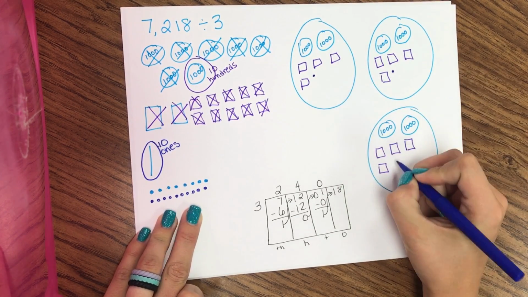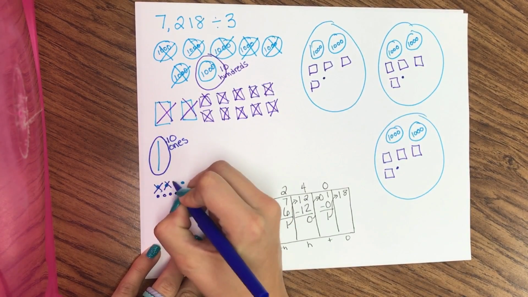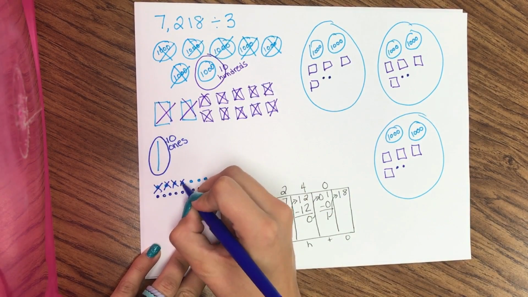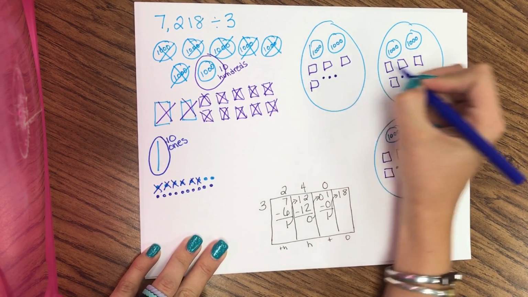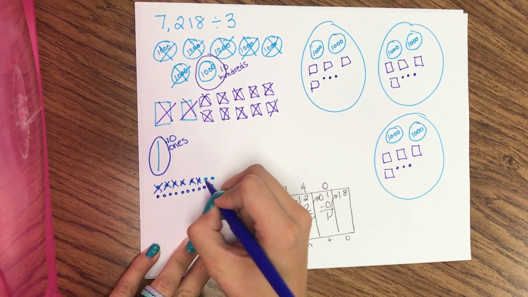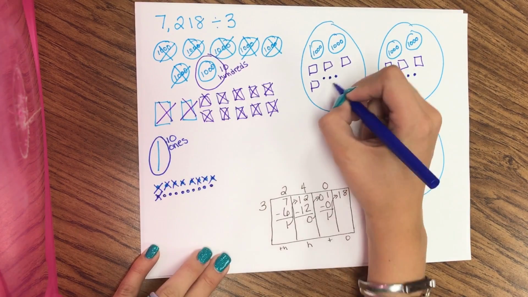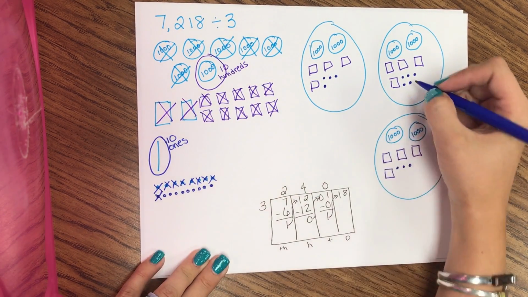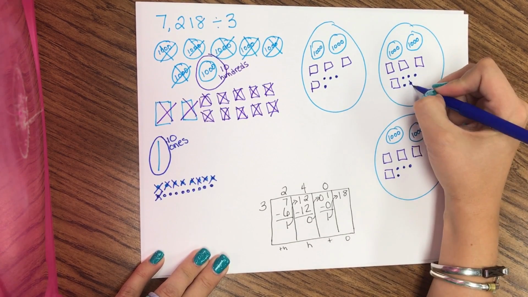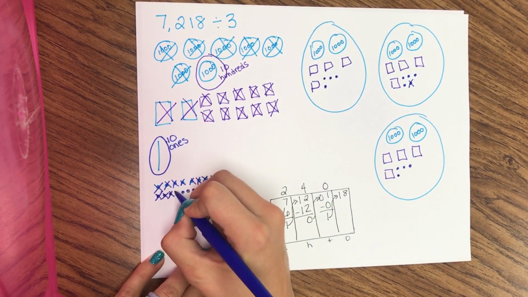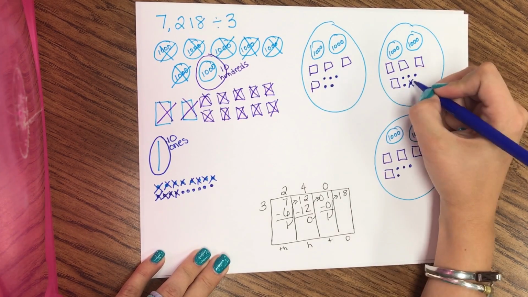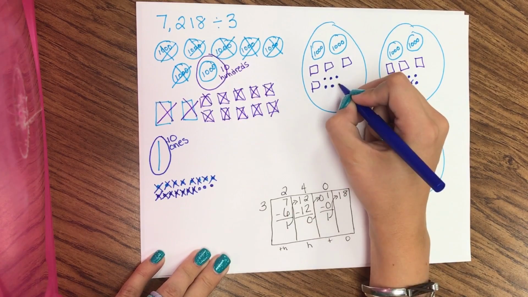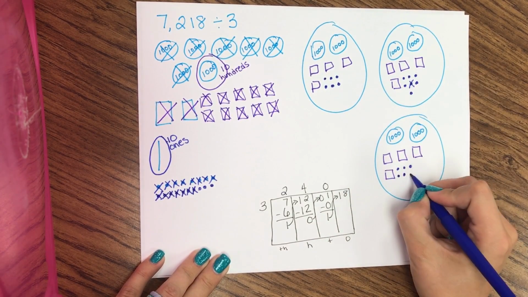1, 2, 3, 4, 5, 6, 7, 8, 9, 10, 11, 12. Oops. 10, 11, 12, 13, 14, 15, 16, 17, 18.